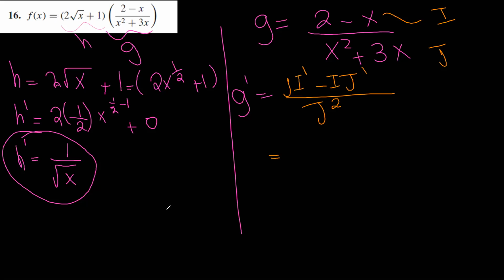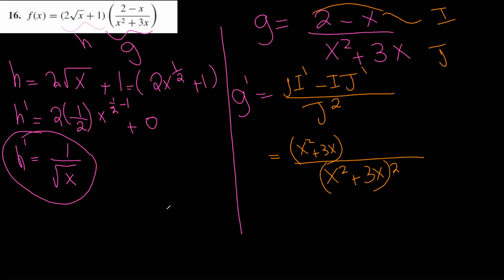Then j squared is x squared plus 3x, squared. Now j is x squared plus 3x. And i is 2 minus x. So what is the derivative of i?